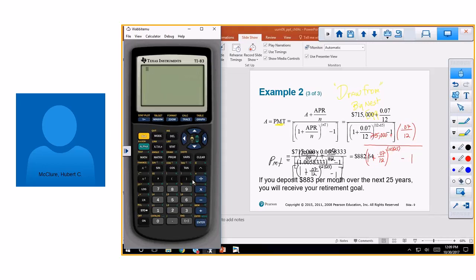Okay, the bottom. 0.07 divided by 12. Enter. Plus 1. Enter. Raised to the parentheses 12 times 25. Close parentheses. Enter. Minus 1. Same thing I got a while ago. Store alpha denominator. Alpha numerator divided by alpha denominator.